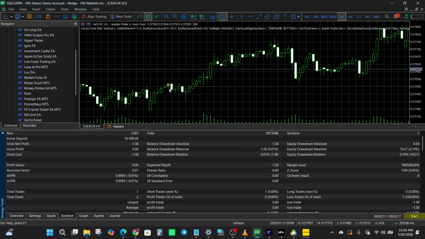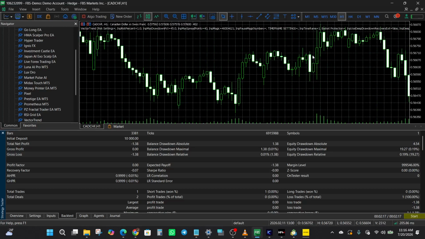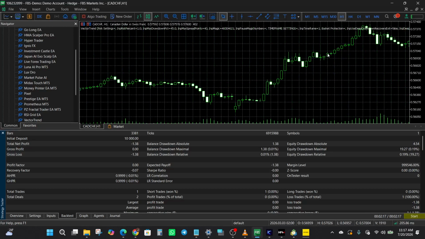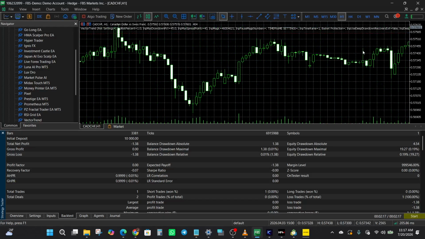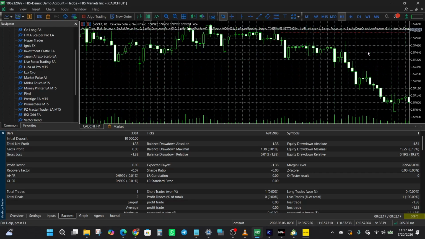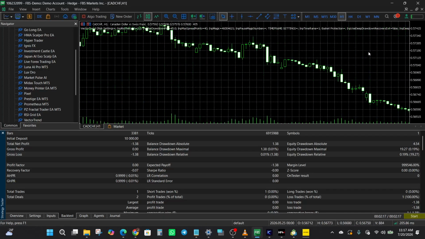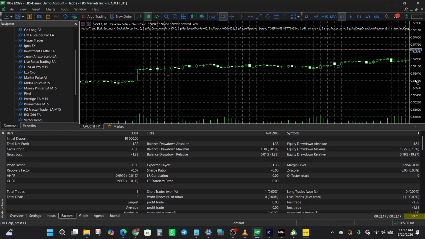We can see this was where the trade was opened, and you can see that trade remained open almost all the way throughout the testing period, for roughly 4.5 months.